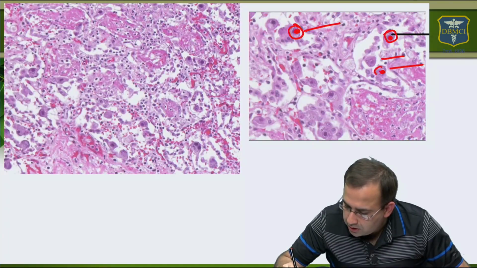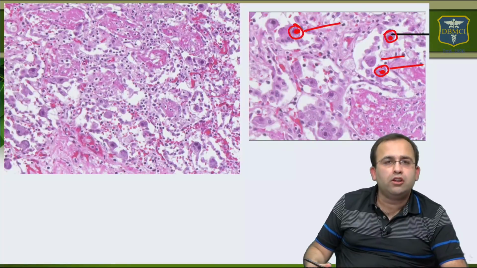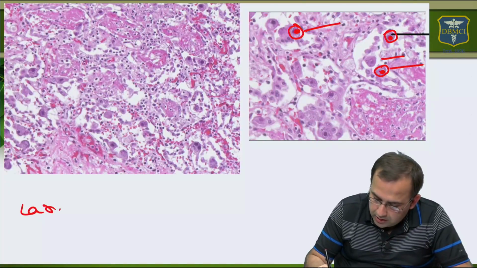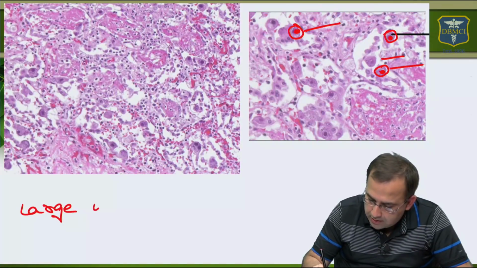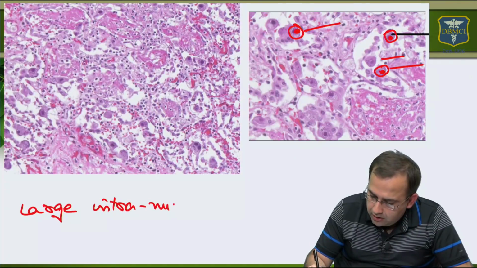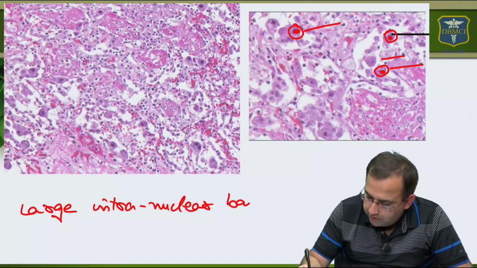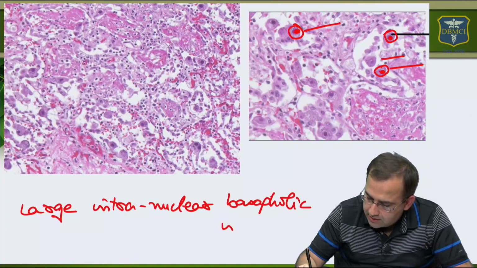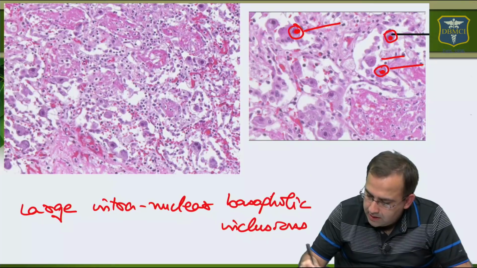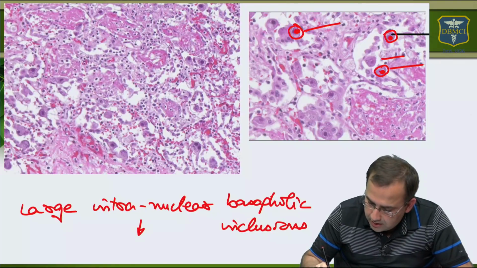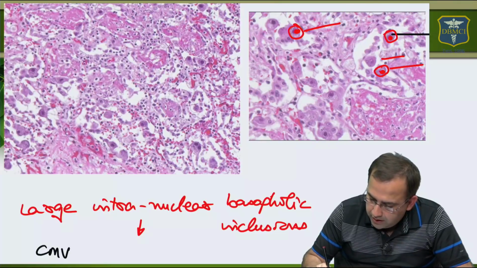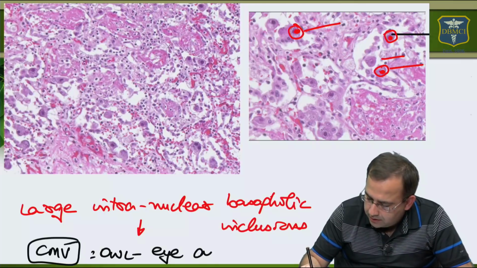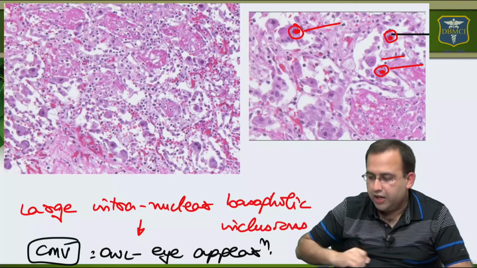Large intranuclear basophilic inclusions, giving it the classical owl-eye appearance, seen in CMV, cytomegalovirus.